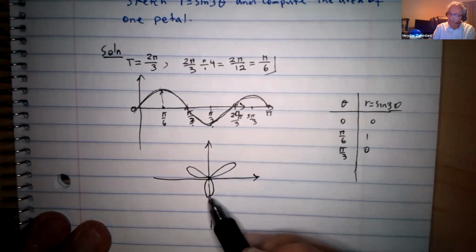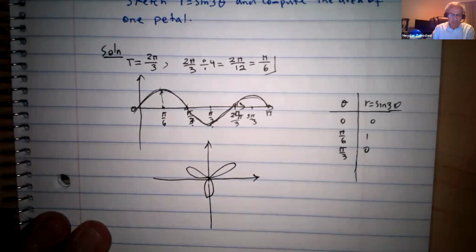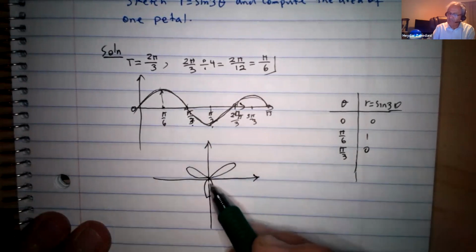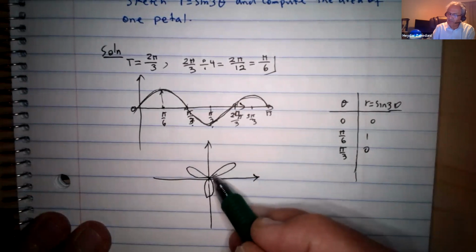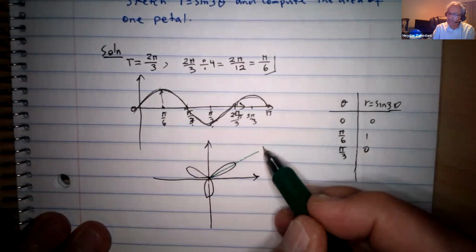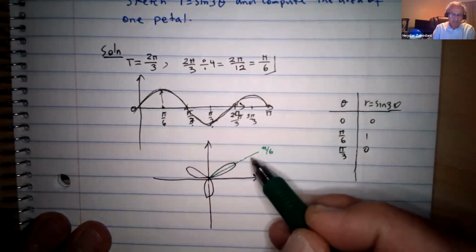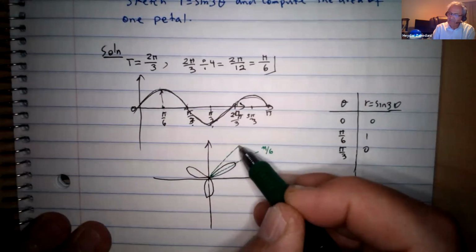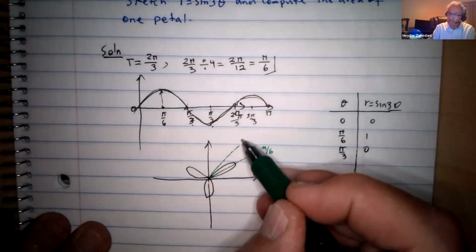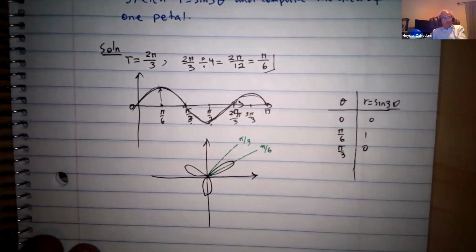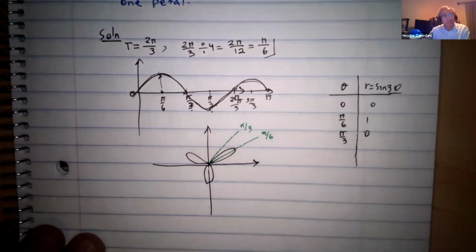They are symmetric. You see this first one. So we start from the 0, this part over here, if you like. This is pi/6, and this part over here is going to be pi/3. So that will be helpful to get one petal.